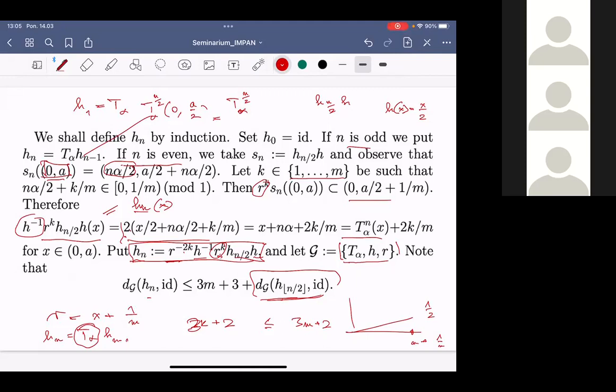So we have to add 1 to this, and in this way we obtain the following recursive inequality. So the length of hn is bounded from above by some constant. You see this constant depends on the interval only, and the length of h of n over 2.